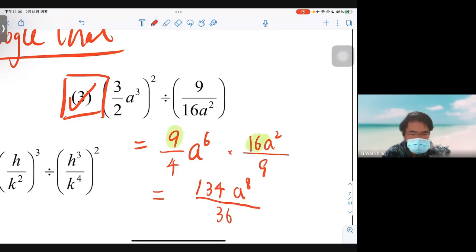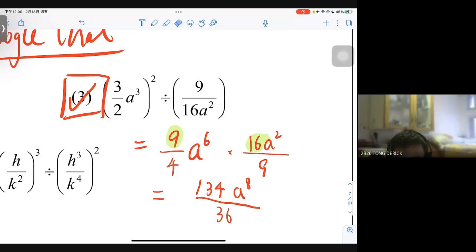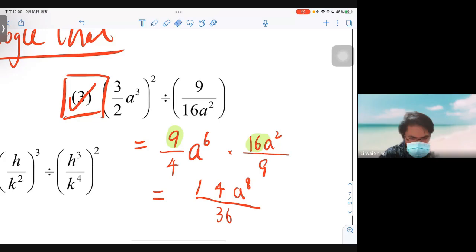Use your calculator. 144. Okay, so continue.